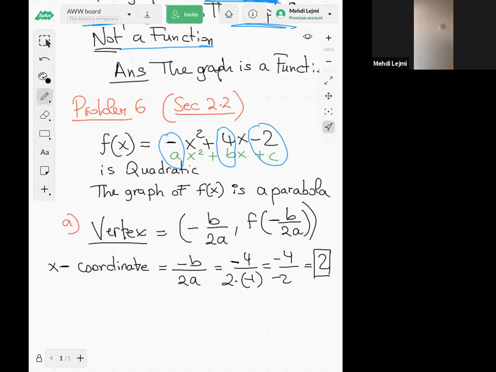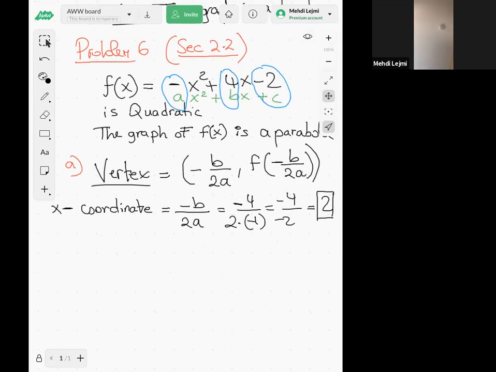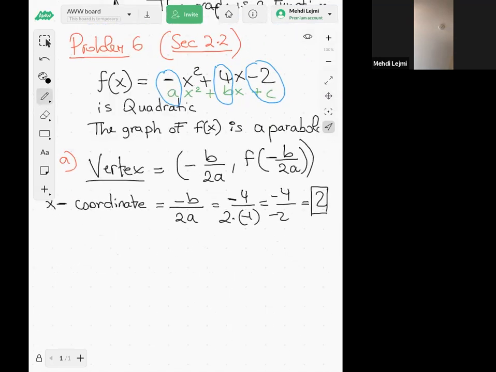Now, for the y coordinate of the vertex, all you have to do is plug this 2 into the function f of x. So you have to compute f of minus b over 2a, which is f of 2.